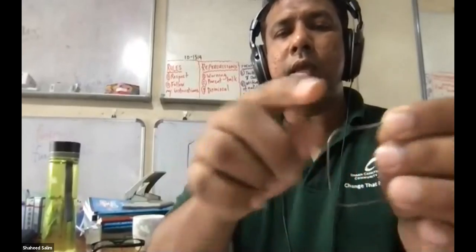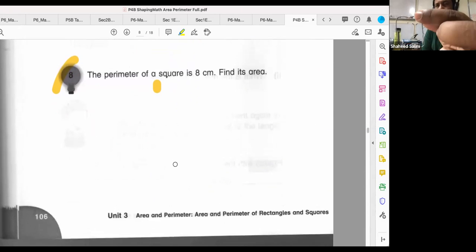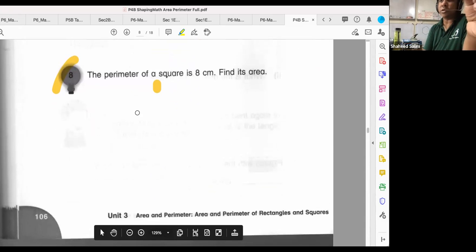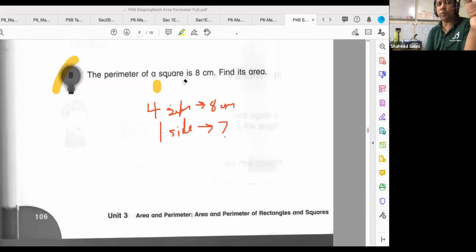If the perimeter is 8 cm, what is one side? How many sides are there in a square? 4 sides, right? 4 sides is 8 cm. One side is how much? That's all they're asking you. Find out lah. Cannot be you don't know. You know.